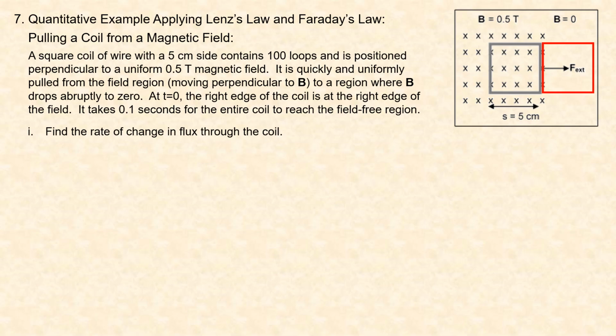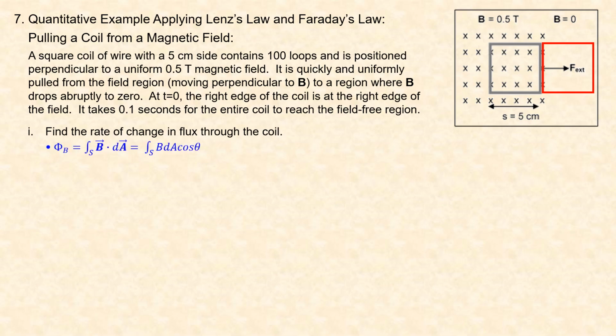But for the 1/10 of a second while the coil is being pulled from its initial position in the field region, to its final position where the entire coil is now barely out of the field region, for that amount of time, the flux through the coil will change as the amount of magnetic field penetrating it will change.